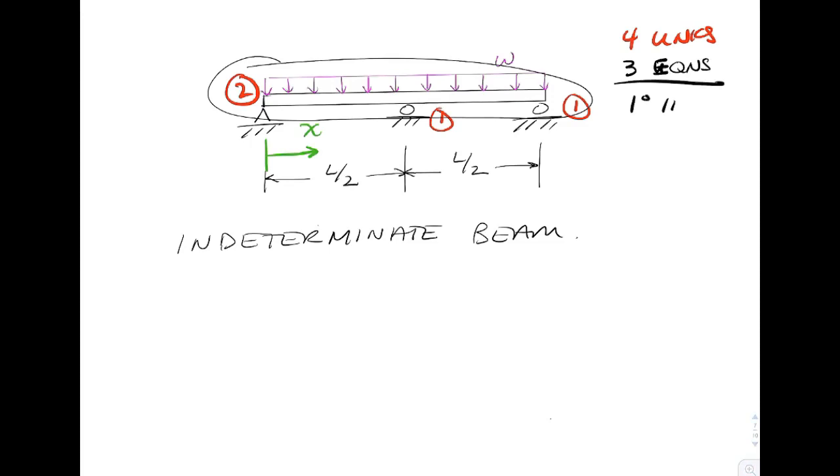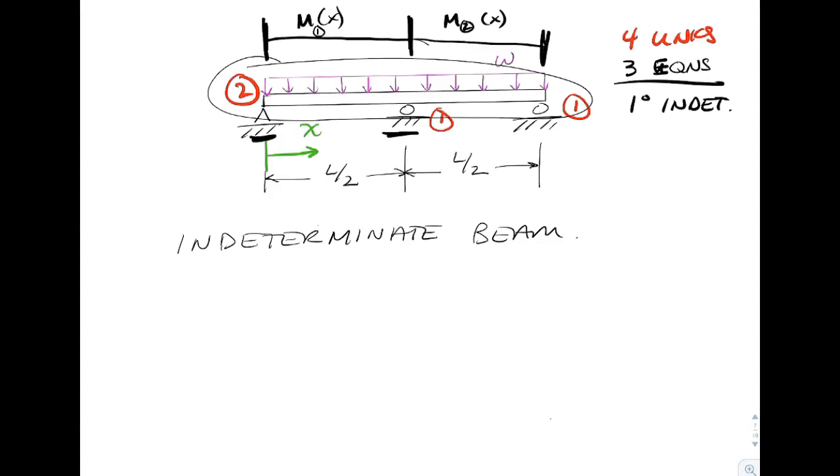So this thing is 1 degree indeterminate, but different than the other beams that we've seen thus far, because we have a beam that has 2 different m of x functions. We're going to have 1 m of x that goes from the pin to the roller, and then another m of x which goes from roller to roller.